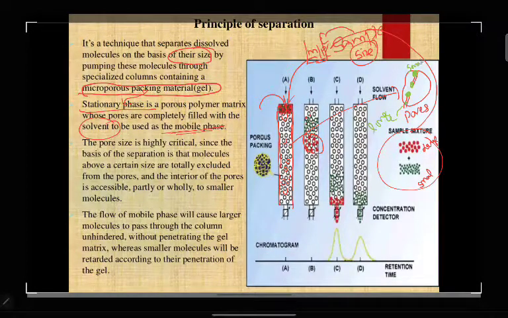Small size particle. But large size particles, no. Large size particles, they won't diffuse or transfuse through the pores. Instead of transfusing through the pores, in between the stationary phase, you can see here gaps are there, no? Okay. So, through the gaps, these large particles are going to escape. That's why large particles are going to elute first.